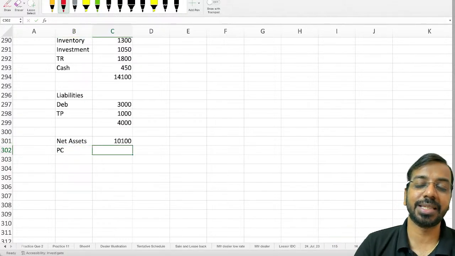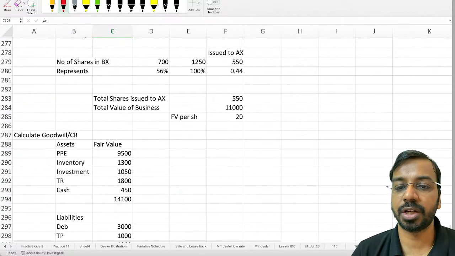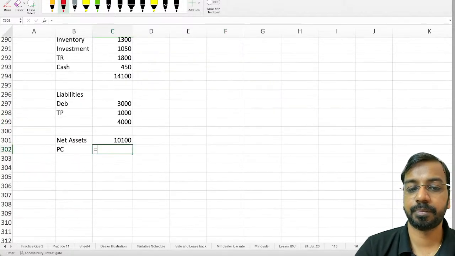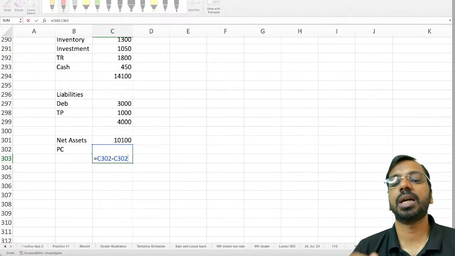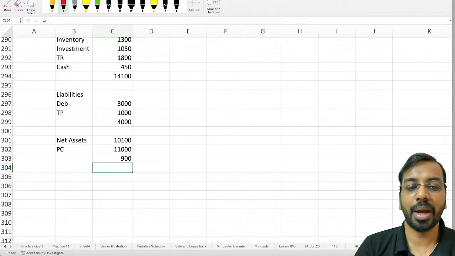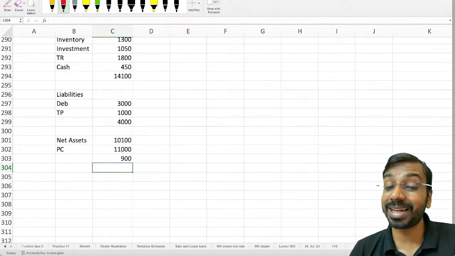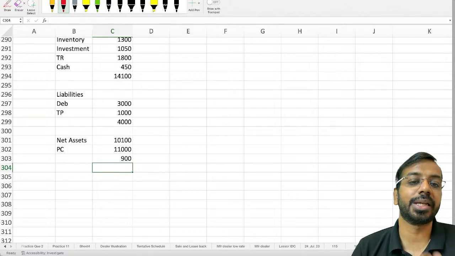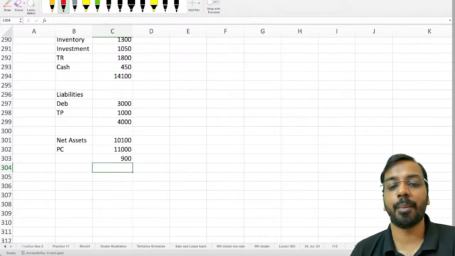Purchase consideration in this case is the fair value of the business that we have calculated, the number of shares into fair value per share. So total consideration is 11,000, and 11,000 minus 10,100 is 900. Please remember, we have issued shares and acquired entire AX Limited. AX Limited shareholders currently control 44% in the combined business and BX controls 56%. So we have goodwill of 900.